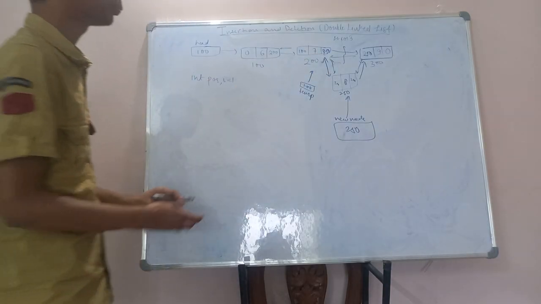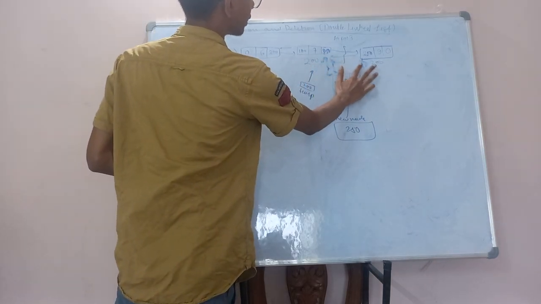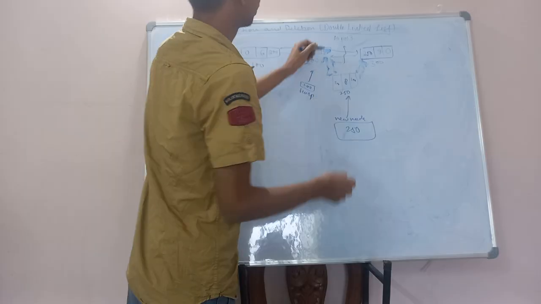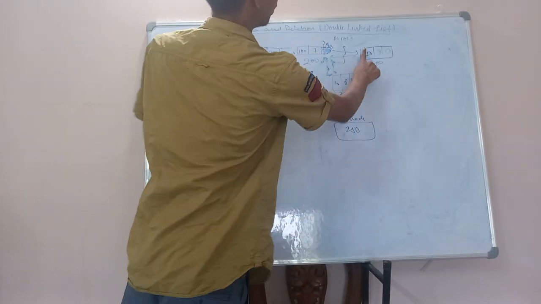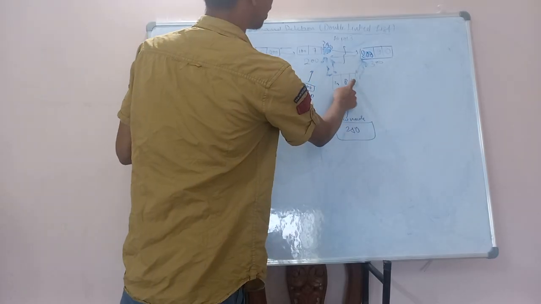So first, I have not inserted yet, so I am erasing this. This is 300, this is 200, and these are empty.